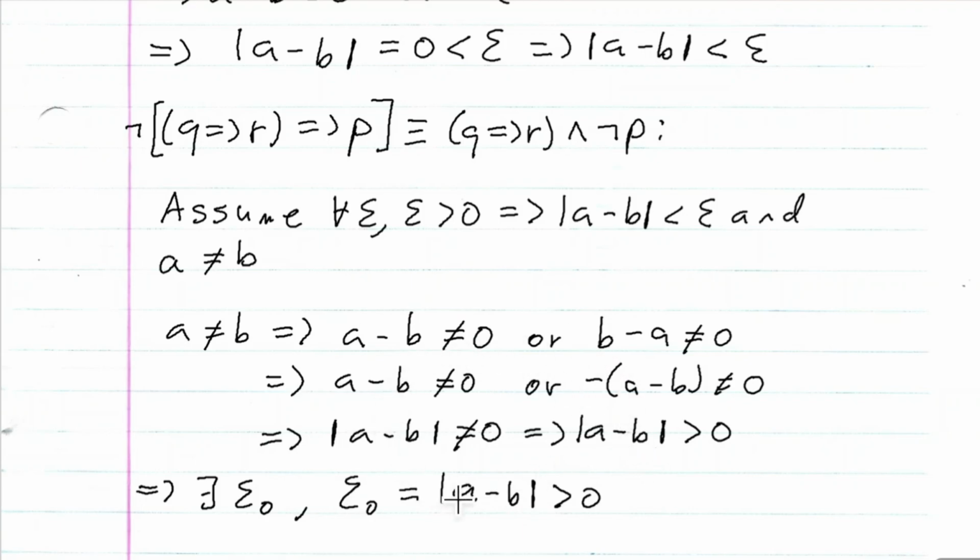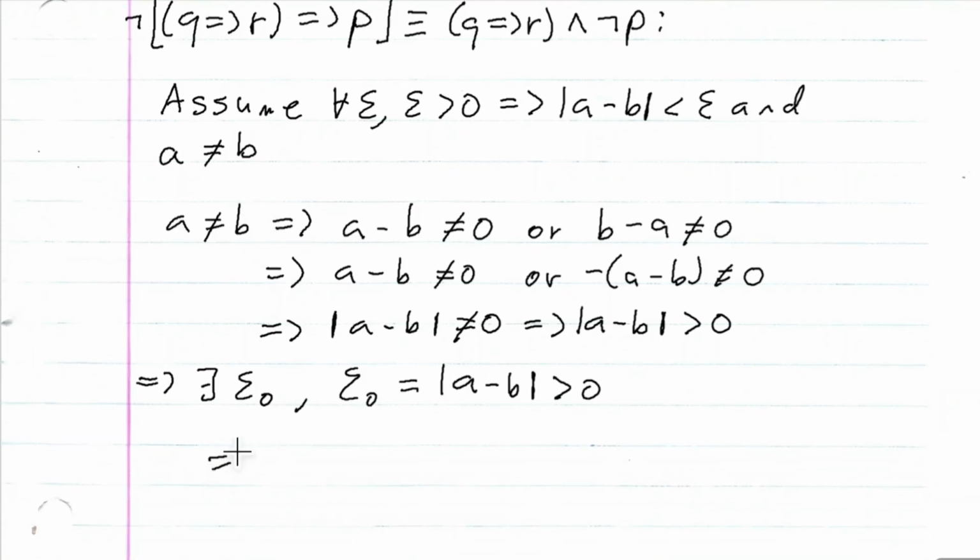But notice we're saying that every epsilon is bigger than the absolute value of A minus B, while here epsilon naught is equal to the absolute value of A minus B. So this gives us that epsilon naught is equal to the absolute value of A minus B, which is supposedly less than epsilon naught, because it's supposed to be less than any epsilon.